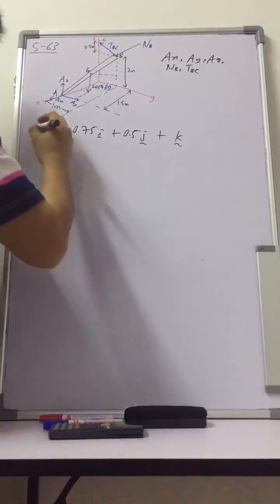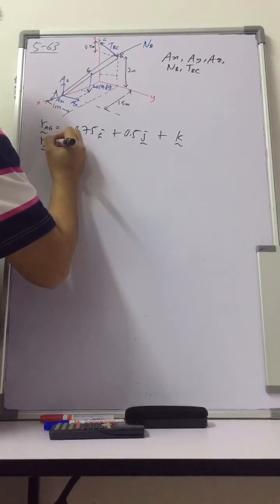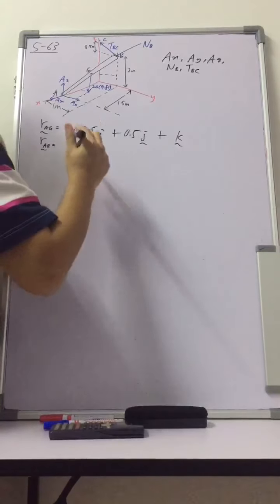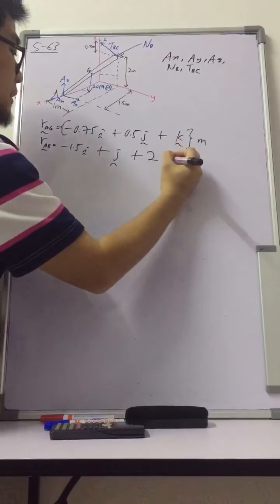That's one thing. Another thing is we need this R A B. You will see why we need to have these position vectors. R A B is simply minus 1.5 meter i plus 1 meter j plus 2 k, right?